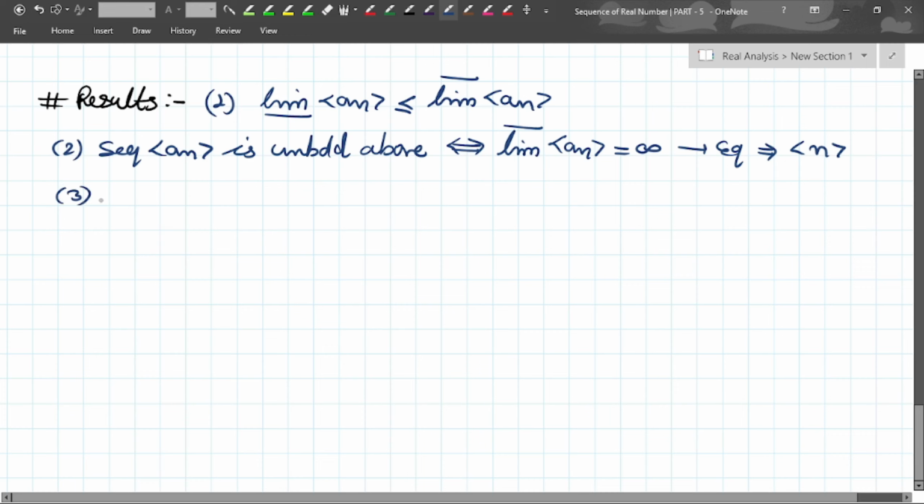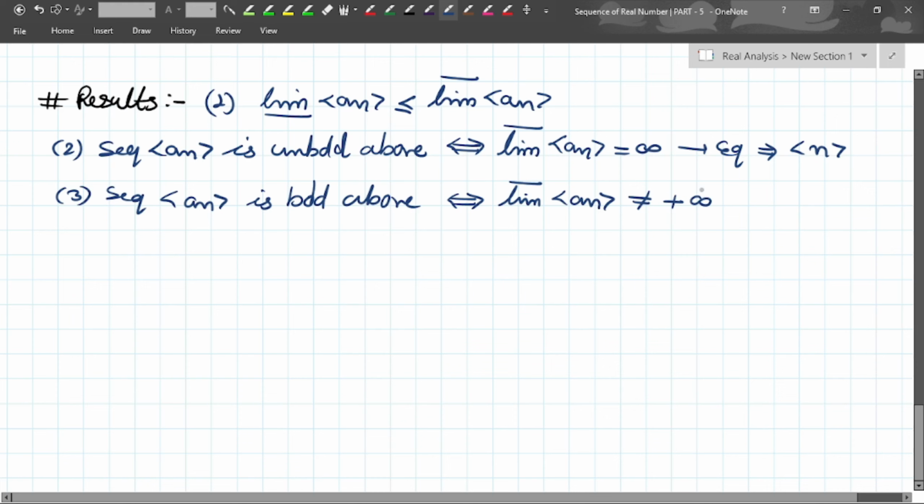Now, the third result. The sequence an is bounded above if and only if the limit superior of an is not plus infinity.